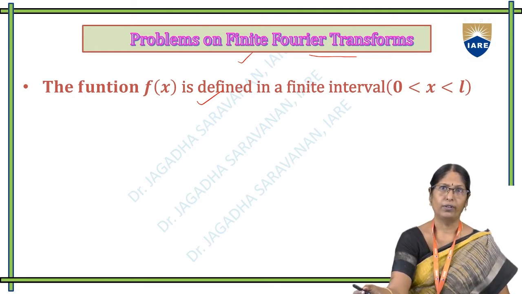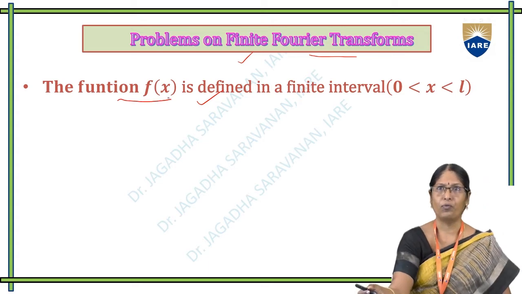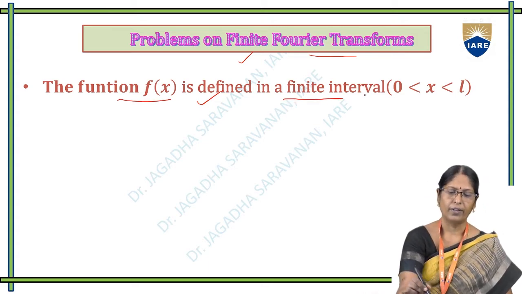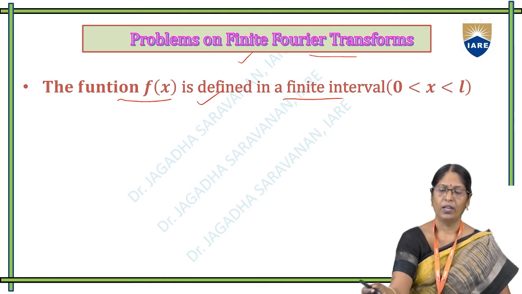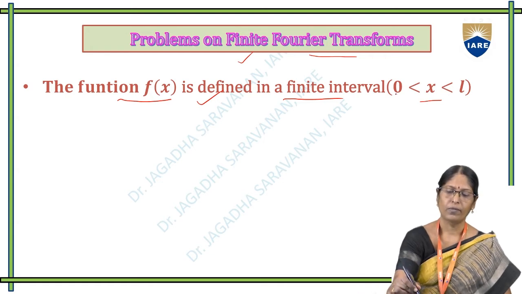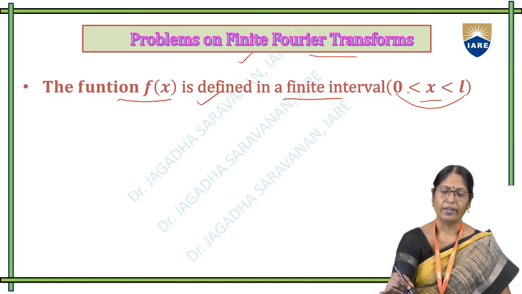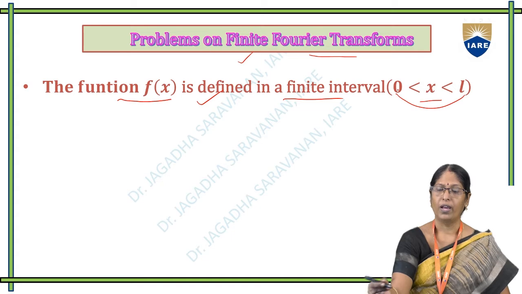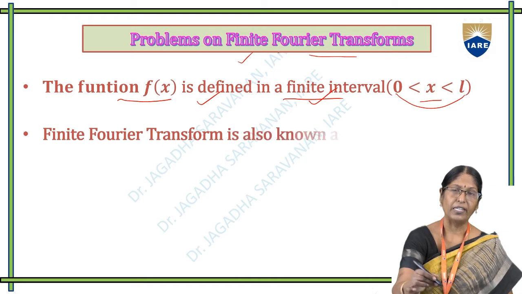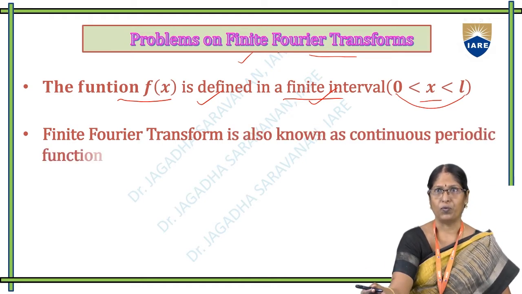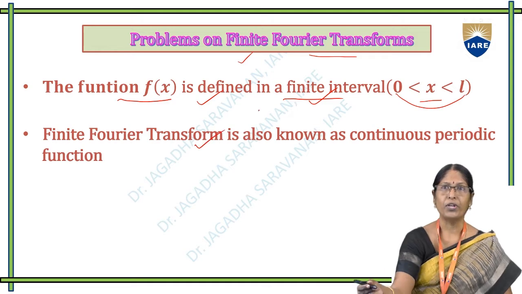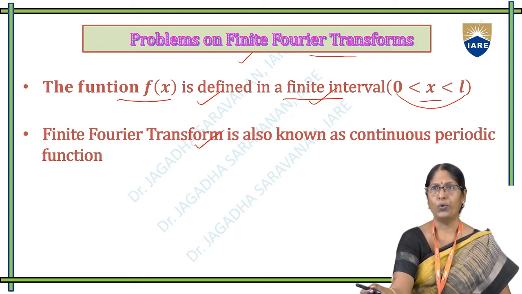It depends upon the function f of x which is defined in a finite interval where x lies between 0 to L. This is very important, that is the length of the interval, x starting from 0 ending up to L. Then we will call it finite Fourier transform. This finite Fourier transform is also known as continuous periodic function.